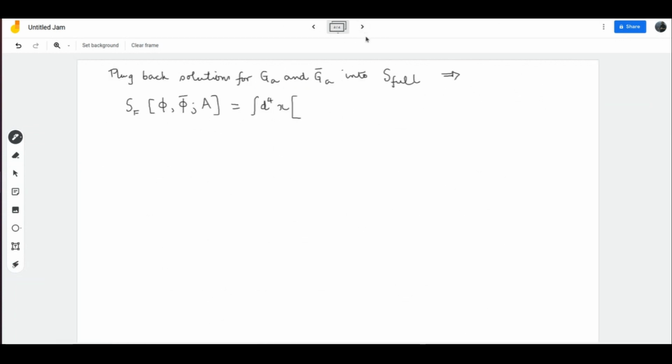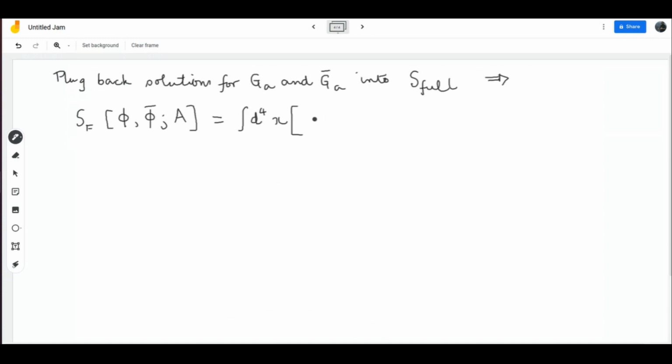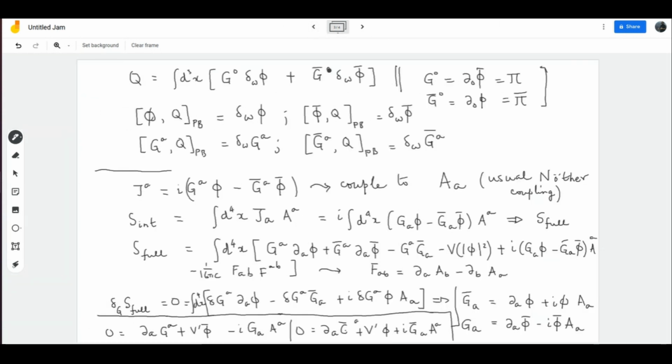It's a little bit of algebra, okay? I sometimes feel lazy to do the algebra, but you shouldn't feel lazy to do the algebra, right? So we have G A del A phi. So G A was del A phi bar. And what else was it? I forget. So G A was del A phi bar minus I phi bar A. Okay.